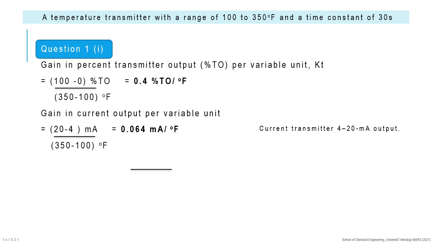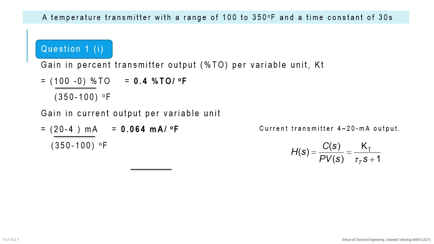Now you need to find the transmitter transfer function. This is the equation to solve it: H(s) equals Kt, which is the transmitter gain, divided by tau s plus 1.